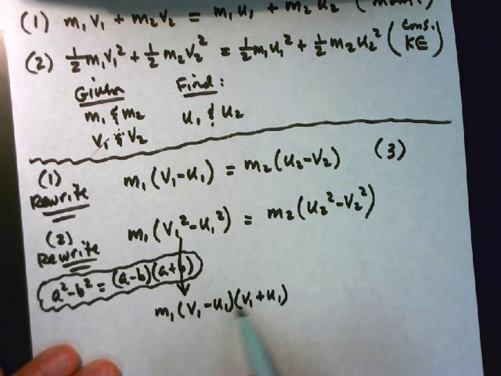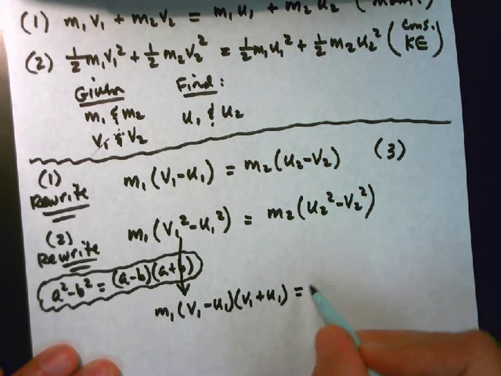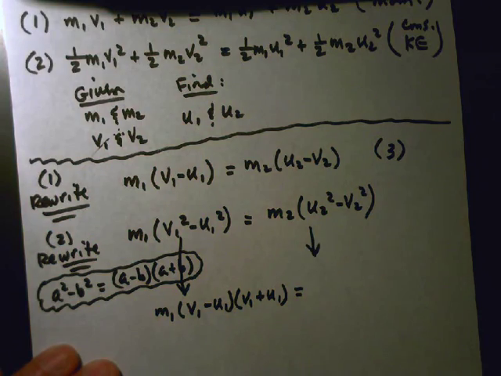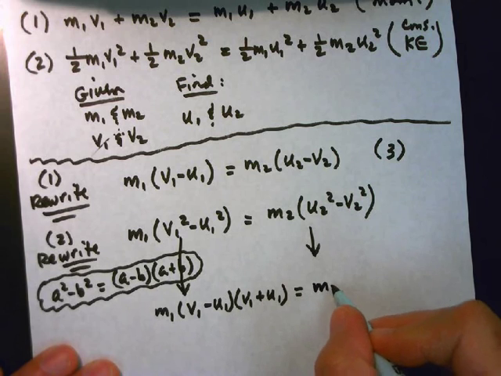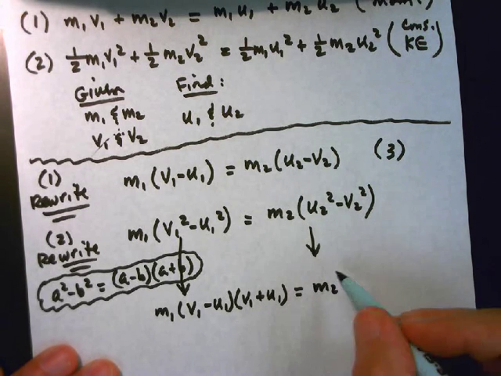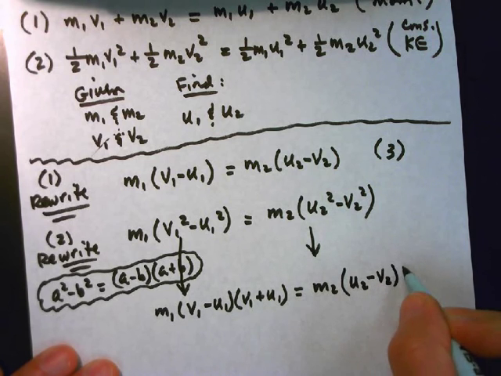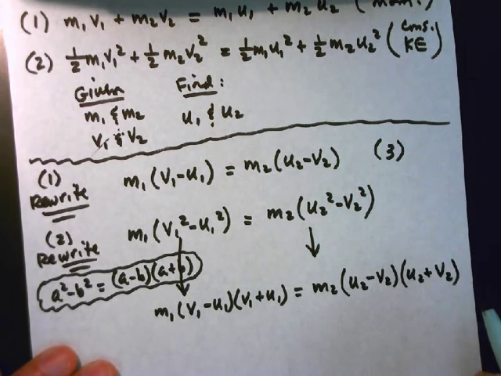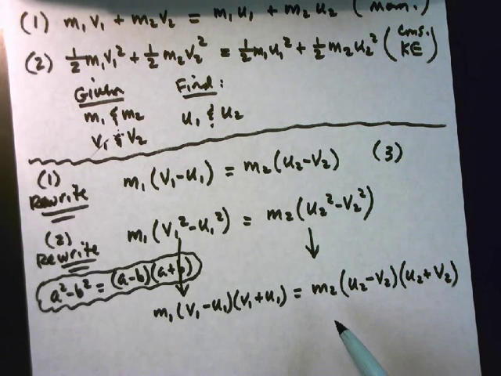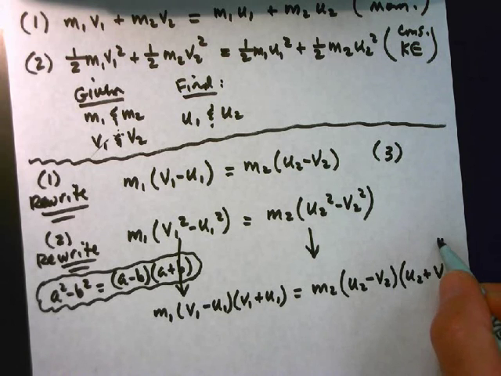Let's do the same thing for this side: m2 times (u2 minus v2) times (u2 plus v2). Now that gives us a valuable equation here, so we can call this number 4.